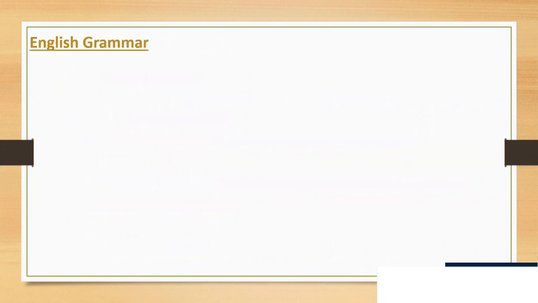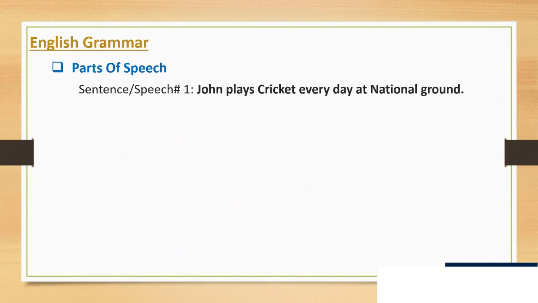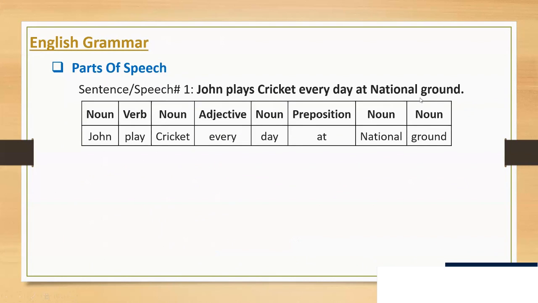Let's start with English grammar. For example, here we have parts of speech. So look at one sentence, this sentence, or it is called a sentence or a speech. If you look at this sentence, John plays cricket every day at national ground. If you look at the parts of this sentence, John is actually a noun.